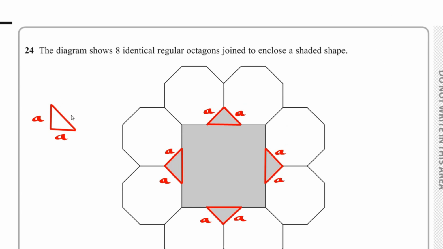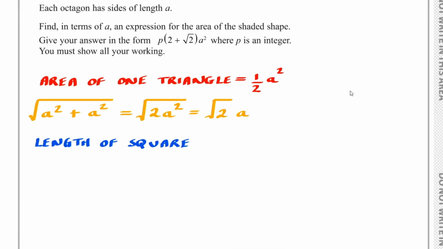So we have here a value of root 2a. So if here I've got root 2a, I've also got this length here, which is a, and here I've also got a, which means for this square here, we can find the side length.